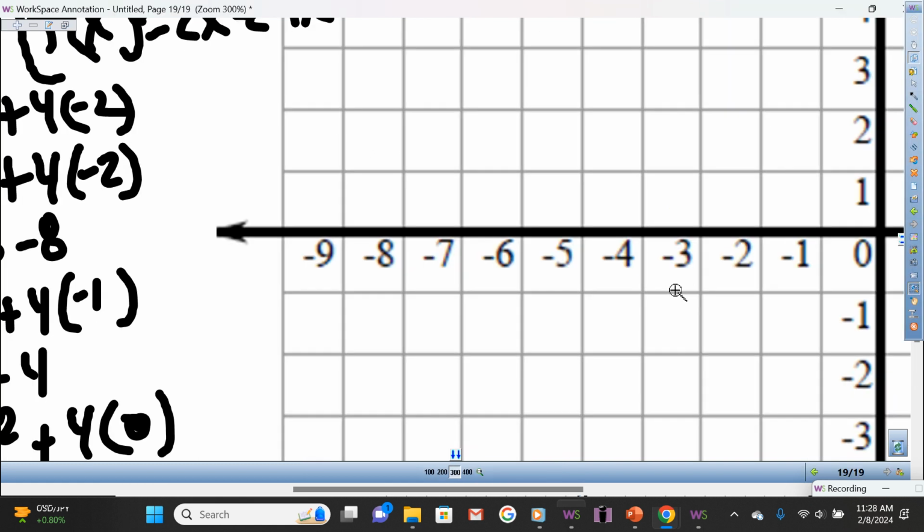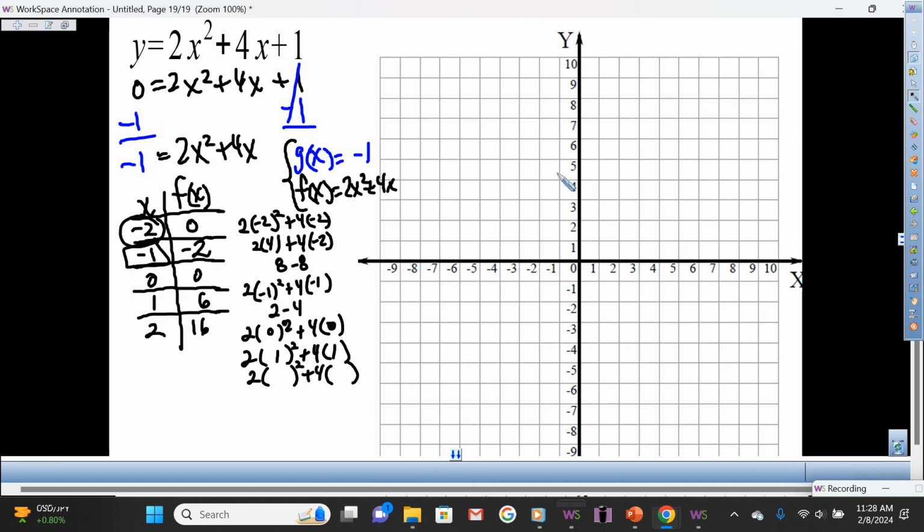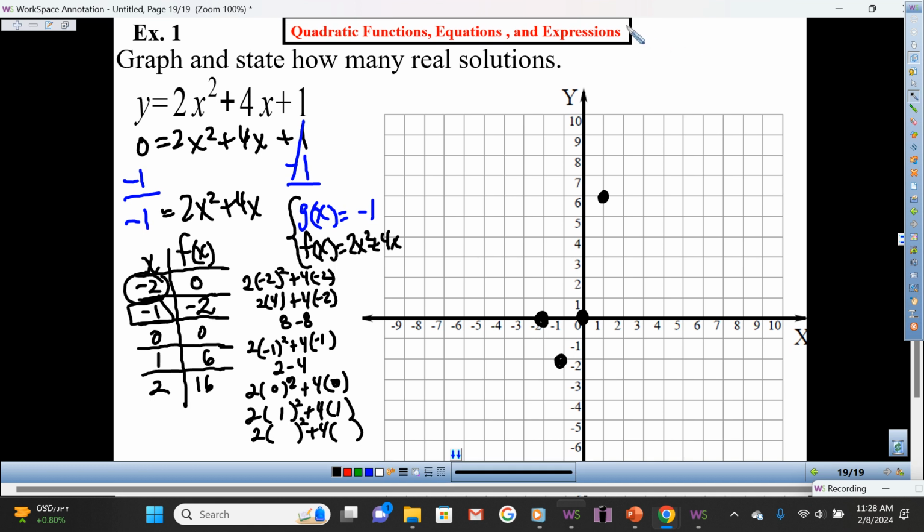Let's graph our f of x. Here we go. We got negative 2, 0, negative 1, negative 2, 0, 0, 1, 6, and 2, 16, somewhere way up there.